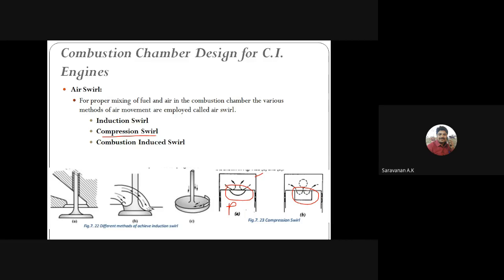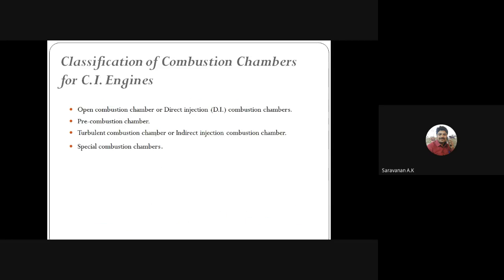Most probably it is called pre-combustion or air cell combustion chamber design. That pre-combustion air swirl will be explained in later slides. Proper mixing.